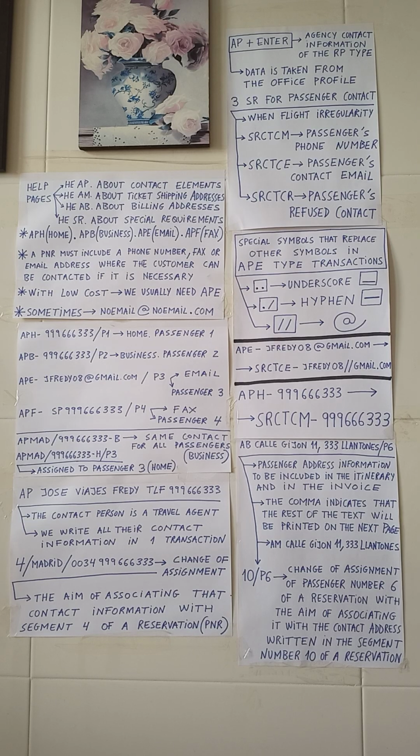On the last page, I will explain the AM and AB codes. At the top, we can see a transaction that starts with AB. After the AB code, the mailing address to which we are going to send the invoice appears. The postal address will be the one that appears on the itinerary.